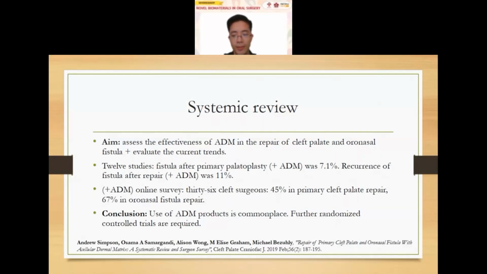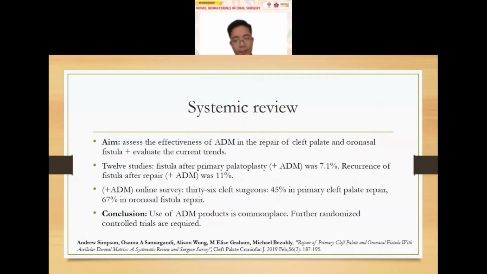Now I want to talk about a systematic review of ADM, using the current review and survey arms to assess the effectiveness of ADM in the repair of cleft palate and oronasal fistula, and to evaluate the current trend of ADM use in palate surgeries. Twelve studies met the inclusion criteria for review.